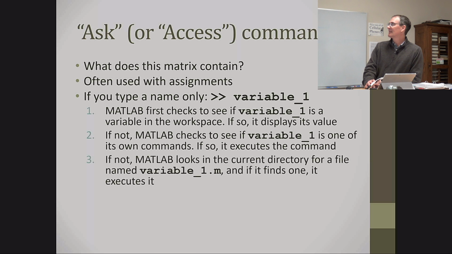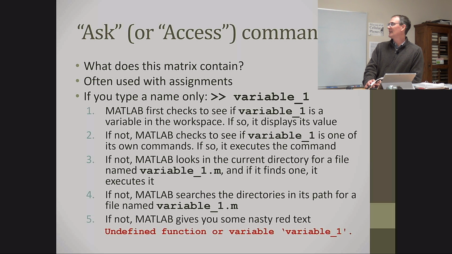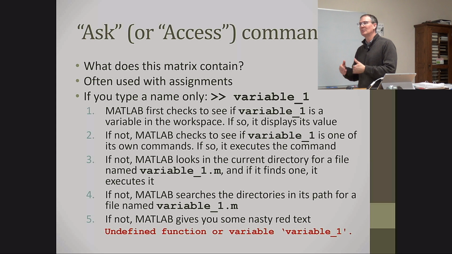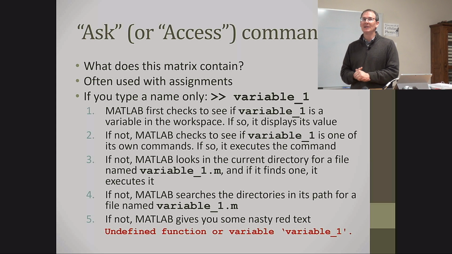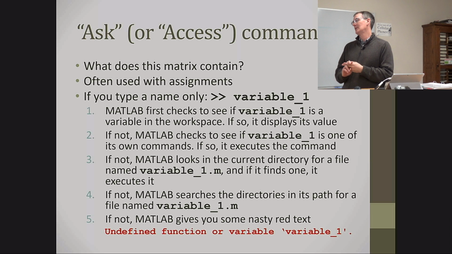If not, then MATLAB will look in the current directory for a file named that thing, .m, and if it finds it, it executes it. If it can't find it there, it searches all the directories in its path. And if not, it just gives you some nasty red text. So whenever you type in something and it says undefined function or variable, it means that it's not in the workspace and it's not a file that it can find.